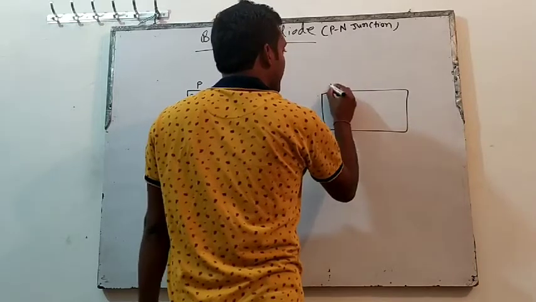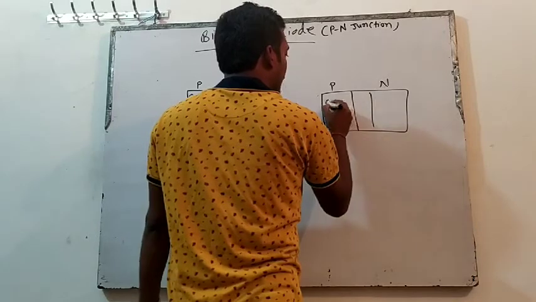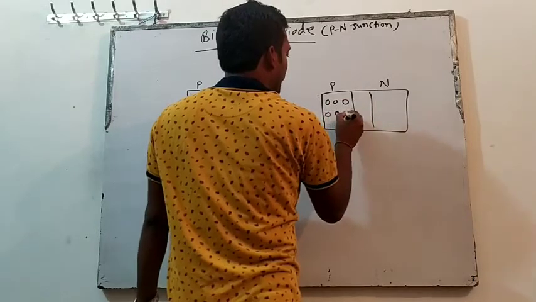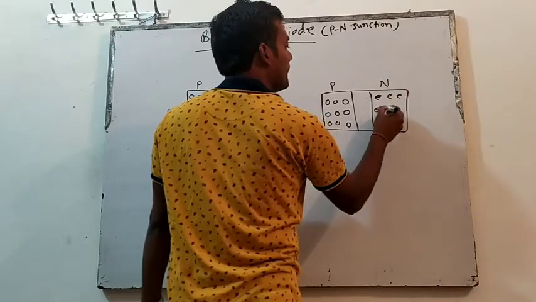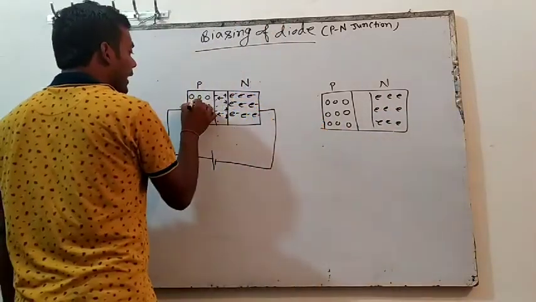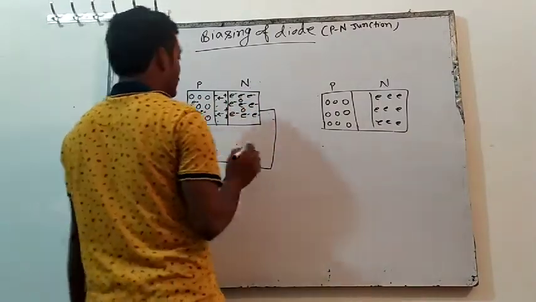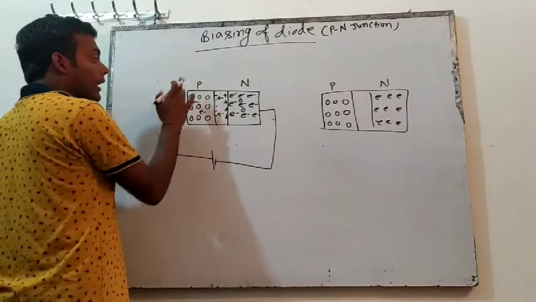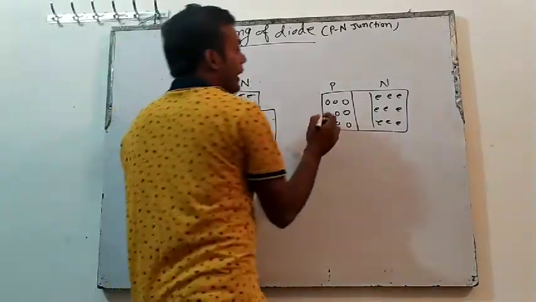See, this is P, this is N. So here will be holes, here will be electrons. Here electrons will be the majority charge carriers and holes will be minority; in the P side electrons will be minority, and in the N side holes will be minority charge carriers.